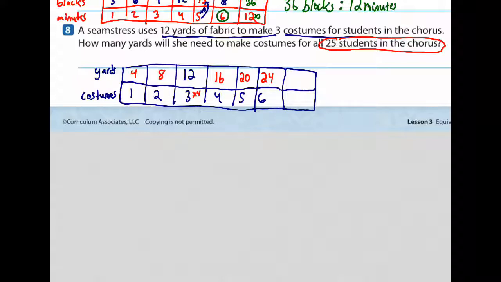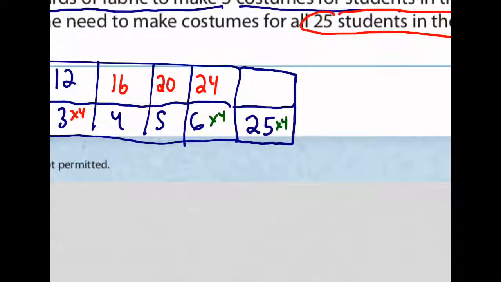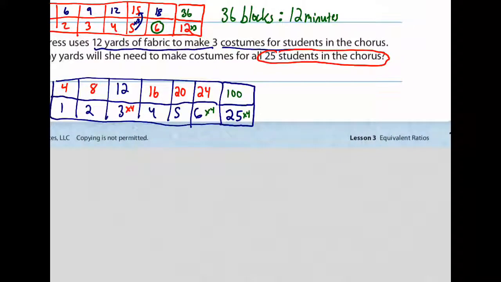So there has to be 25 students, so that's 25 costumes, right? So I'm going to put my 25 right here. I'm just skipping all the numbers between 6 and 25, because if you know the rule, it's going to be easier. So remember, the rule is times 4. So I just have to do times 4. So what's 25 times 4? It's 100. So the answer to this is 100 yards.